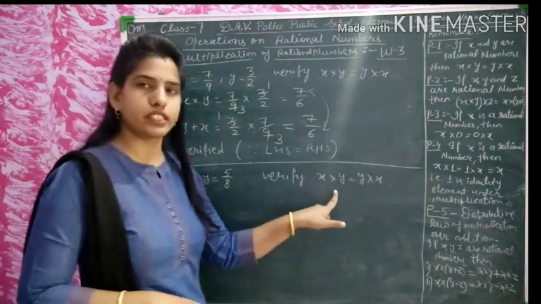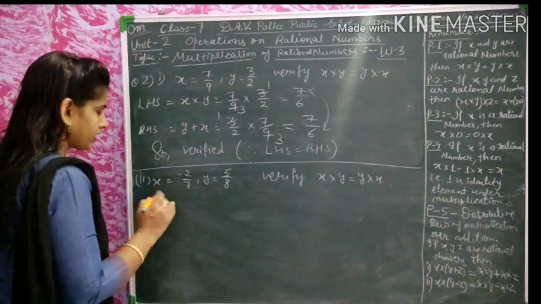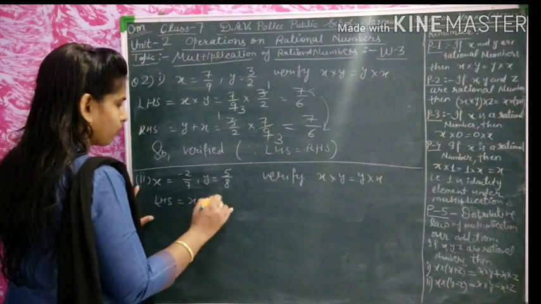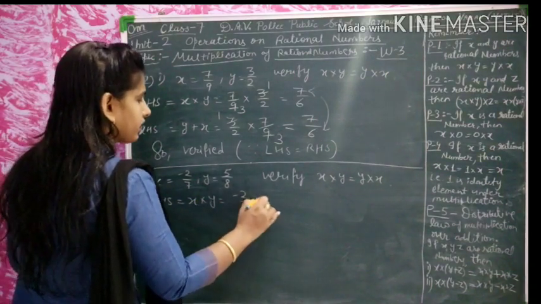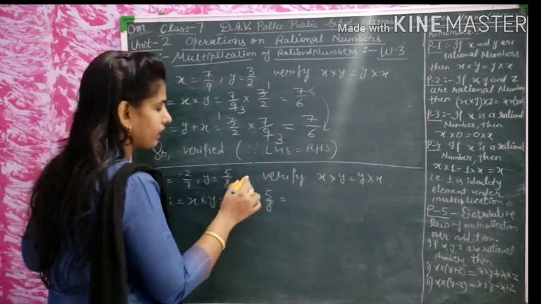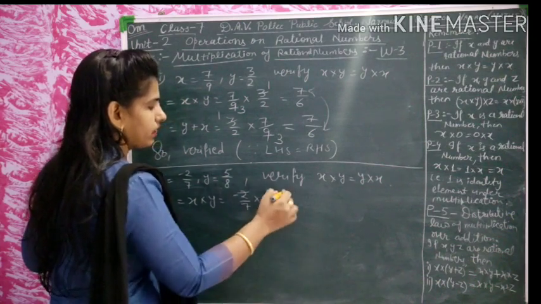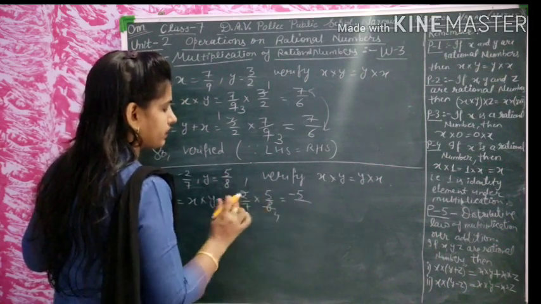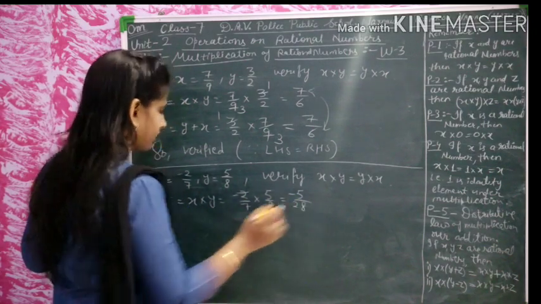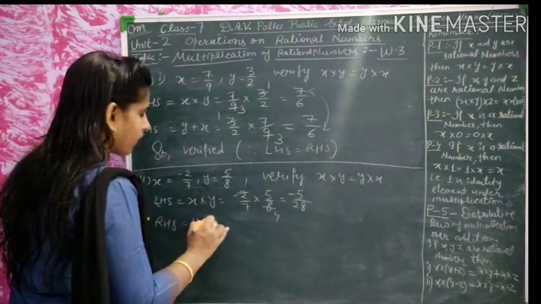In this question, same here, x into y is equal to y into x. Now taken as the LHS side, x into y, minus 2 by 7 into 5 by 8, and it will become, any number divided by the same number, yes, 2 1s are 2 and 2 4s are 8. And the minus stays minus here, 7 4s are 28. This will be the result. Now taking the RHS side, y into x.